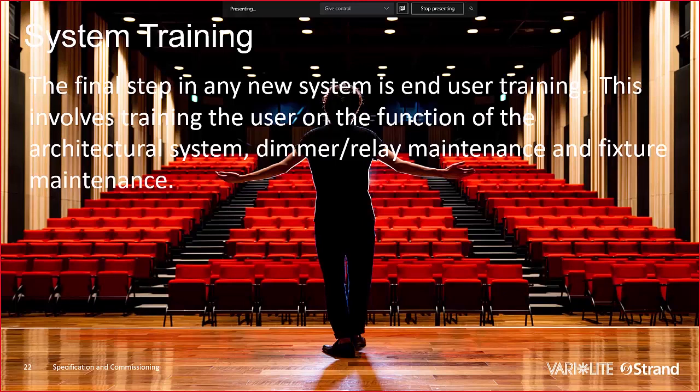System training is the final step in any new system to get the user trained on the function of the architectural system, the dimmer and relay system and its maintenance, and any fixture maintenance involved.